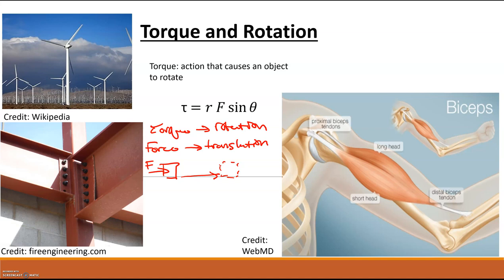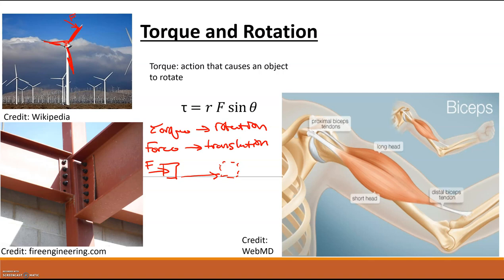So up here at the top left, I have the sustainable energy, a wind turbine. The wind's applying a force on the turbine's blades. That's causing the whole blade shaft, see, these are all connected, to rotate.